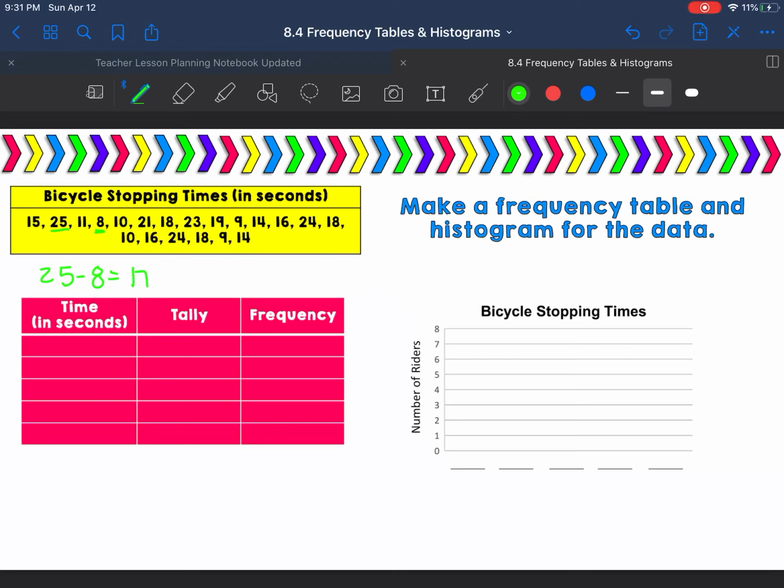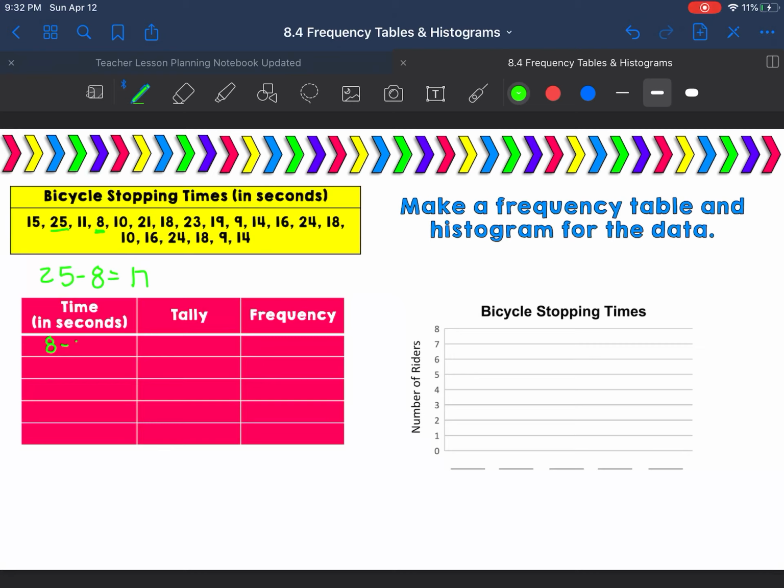Now remember, I don't want my numbers to be too big, and I don't want them to be too small. So since I'm looking at 17 different seconds, I'm going to split my data set into 3s. I think that'll give a good variety without my data sets being too small or too big.